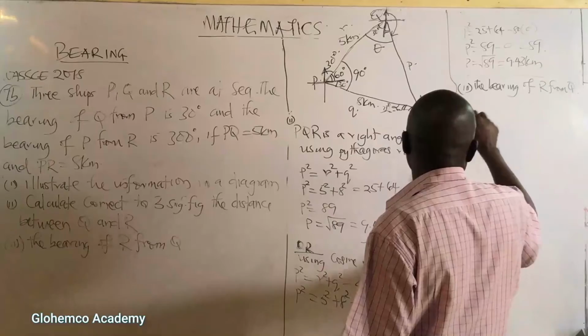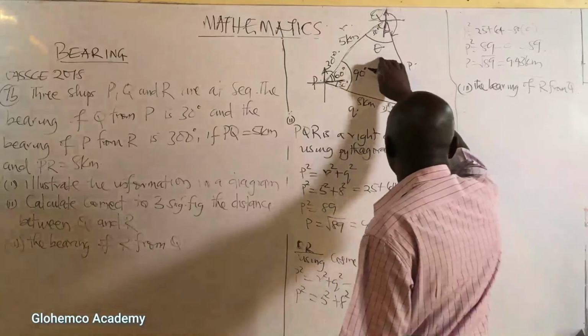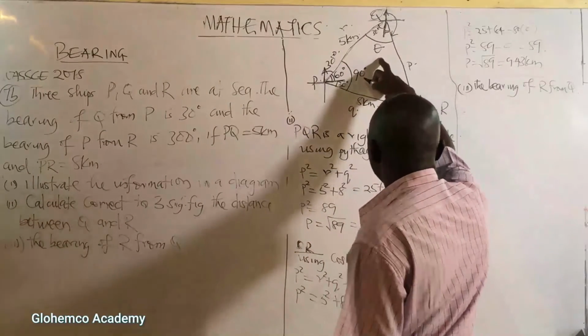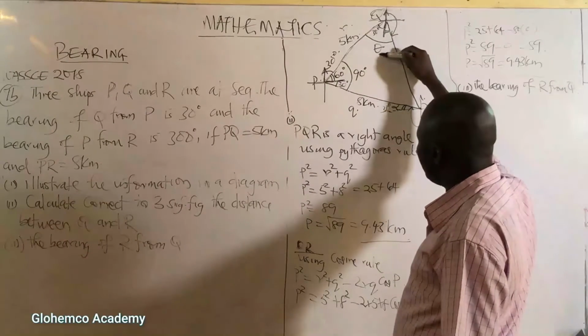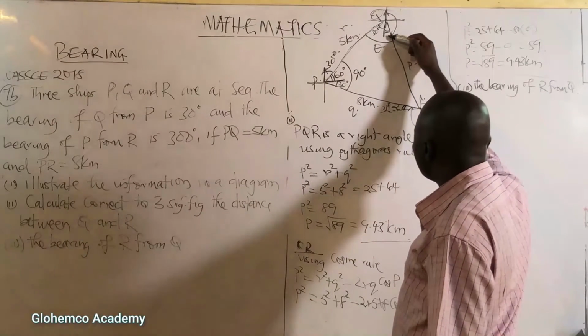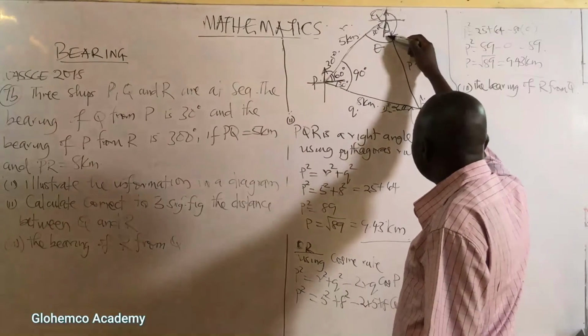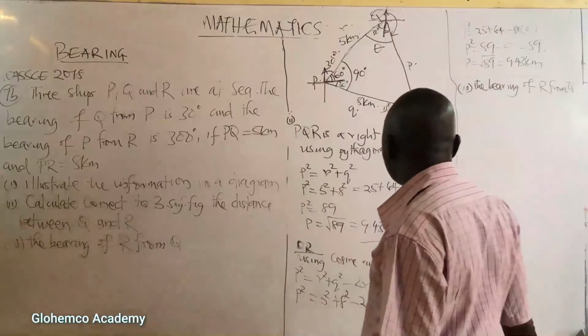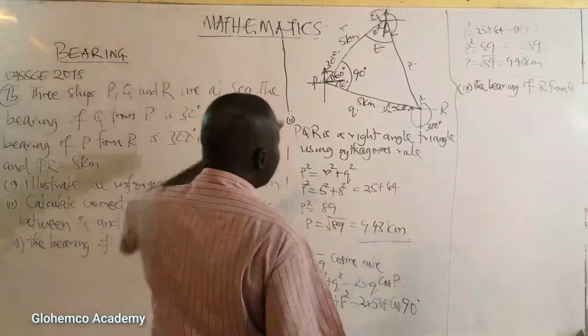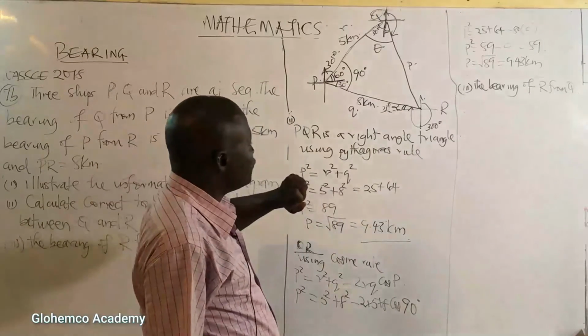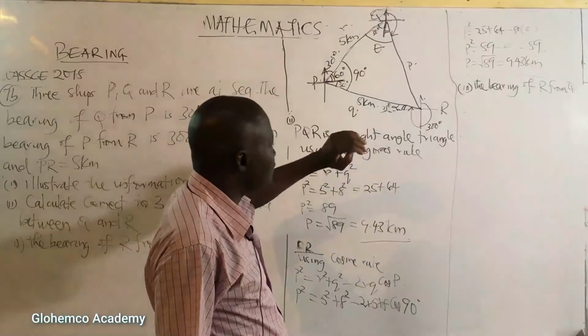We have to find theta first. Knowing the value of theta, we are going to subtract 30 from the value of theta to get this one. Once we get this one, we'll now subtract from 180. It will give us the true bearing that we have to find from Q. And that will be our answer. So let us find theta first.